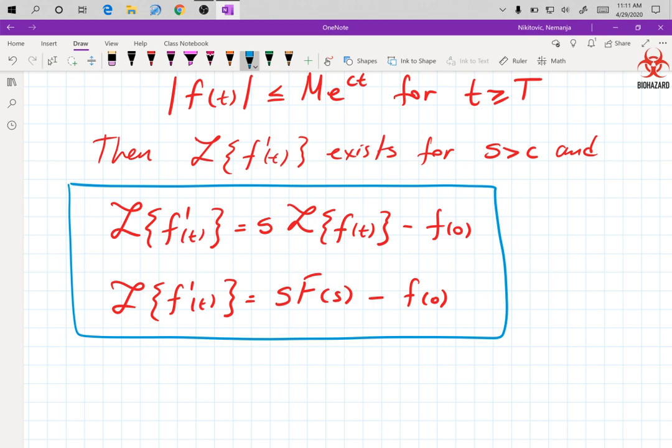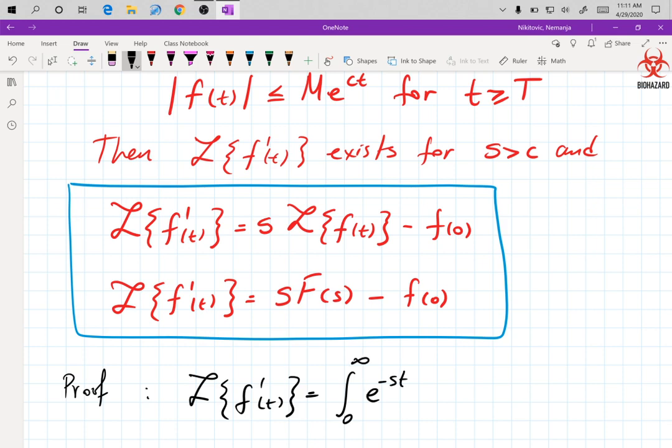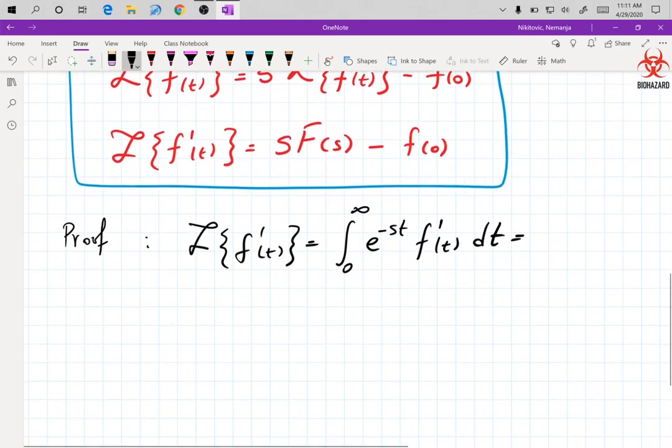Now the proof of this is fairly simple. To derive this, you can take the Laplace transform of the derivative function, which is the integral from 0 to infinity of e to the negative st times f prime of t dt.